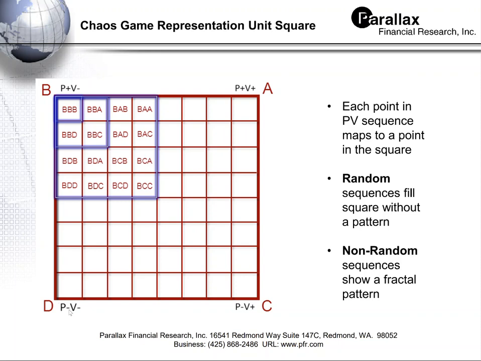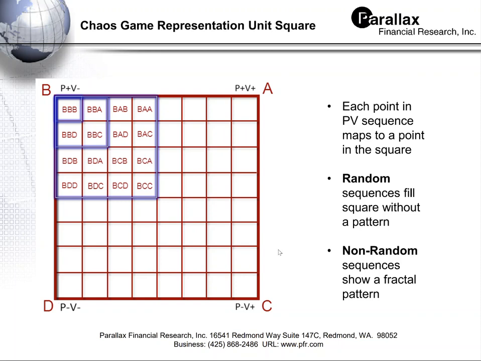Whatever state you're in, there's a point that gets plotted on the graph. Now, if the sequence of price volume categories is random, these ABCD categories, if they occur randomly, then the picture that's drawn in this square is a completely random picture. There's no pattern to it at all.